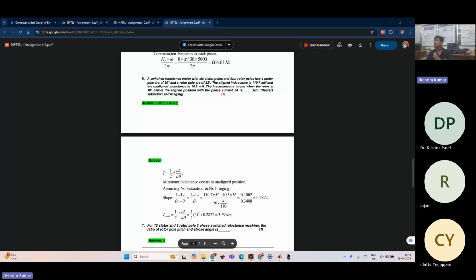Yeah, triple beta S. Plus 20 degrees. So 20 degrees into 5 by the R is 22.